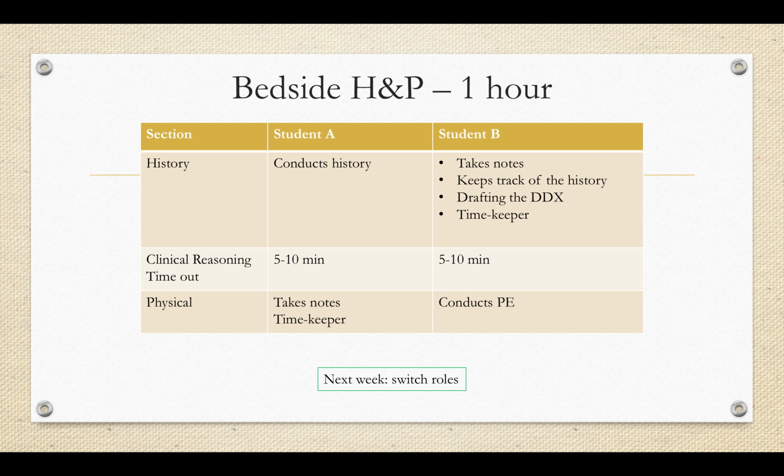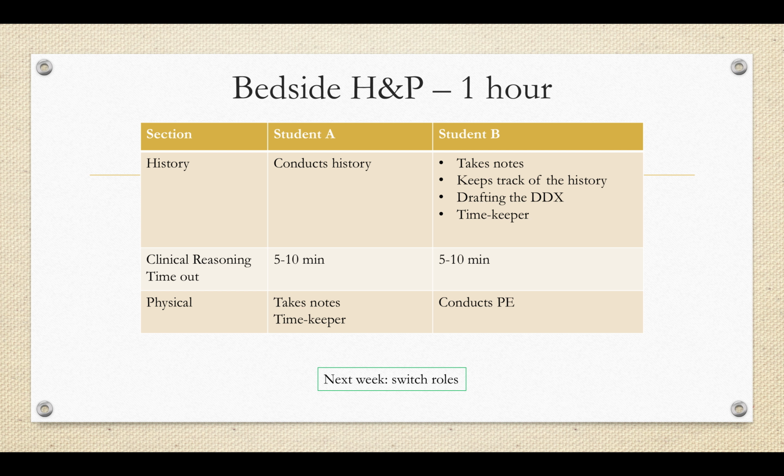When the students are at the bedside, this is a description of how that bedside time might unfold. If we say student A and B are at the bedside, student A may start by taking the history. While student A takes the history, student B is taking notes.